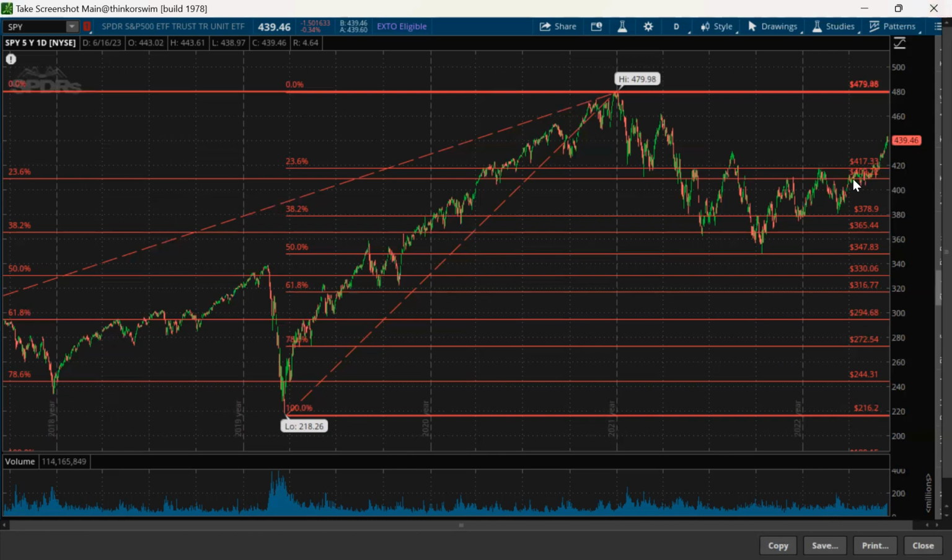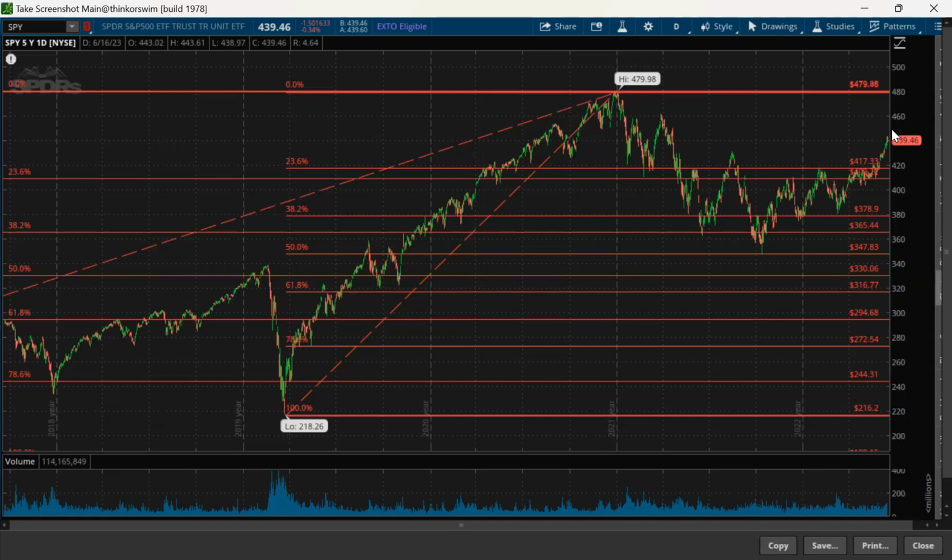But because there was energy being built up right at the 23% retracement of the 2015 fib sequence and it broke through the 23 fib level on multiple trading days, this is a very bullish signal. Now, it doesn't mean that every trading day we're going to have an up candle, a green candle.